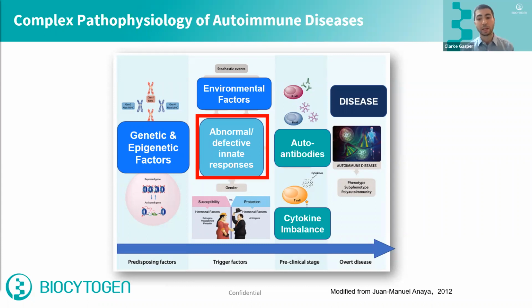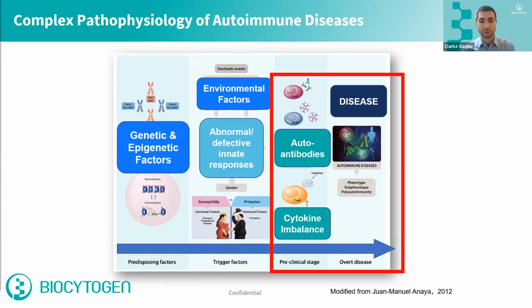This leads to a reduction in the activation threshold for self-reactive lymphocytes, resulting in their elimination or inactivation. Over time, these self-reactive lymphocytes persist and contribute to high levels of autoantibodies or cytokine imbalances that eventually lead to disease.